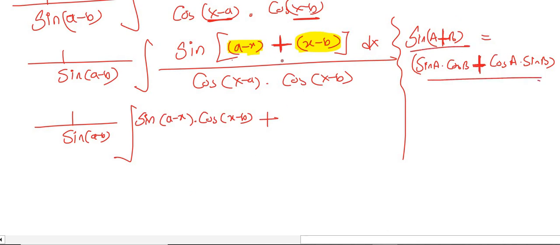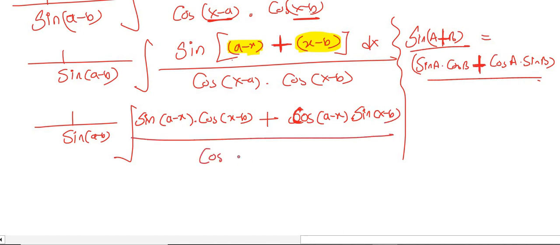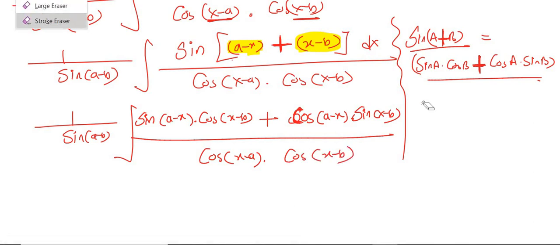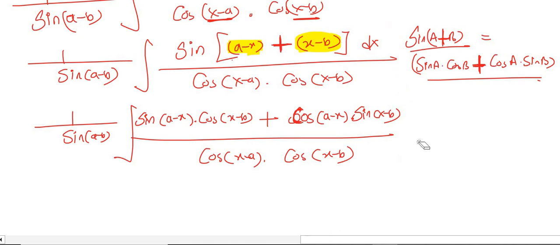So here plus will come, so this will become sin A cos B plus cos A sin B, which is x minus b, divided by cos of x minus A cos of x minus b. Okay, so now my question has become this.